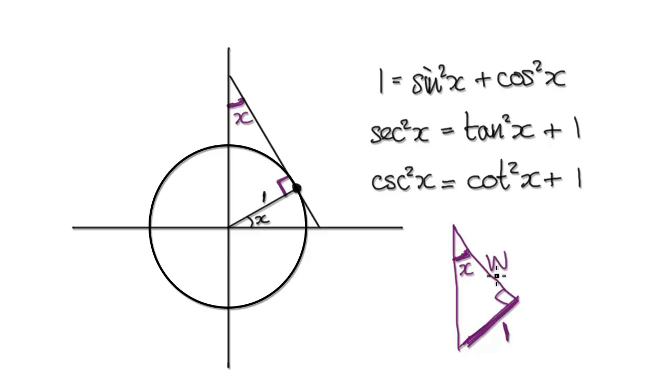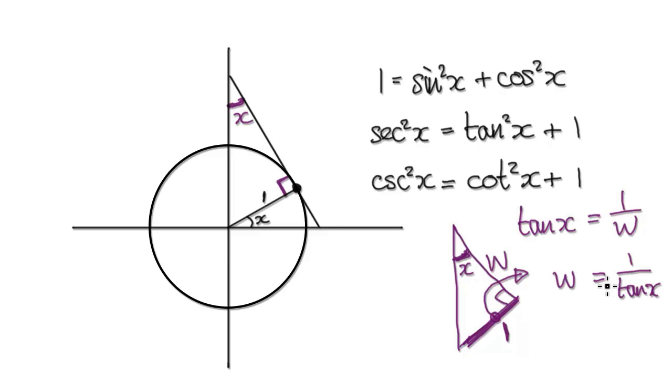The angle is here, so this would be tan. Hang on, let me think. Tan the angle equals 1 over W. So what is W? W equals 1 over tan of x. So what is tan of x?